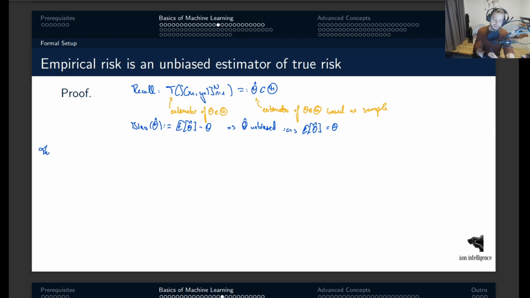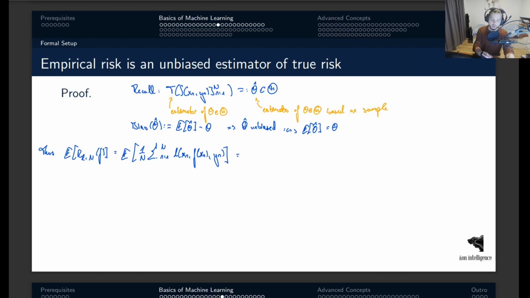Okay, now let's check whether the empirical risk satisfies this for the true risk. So we have the expectation of the empirical risk. And this is defined as such.